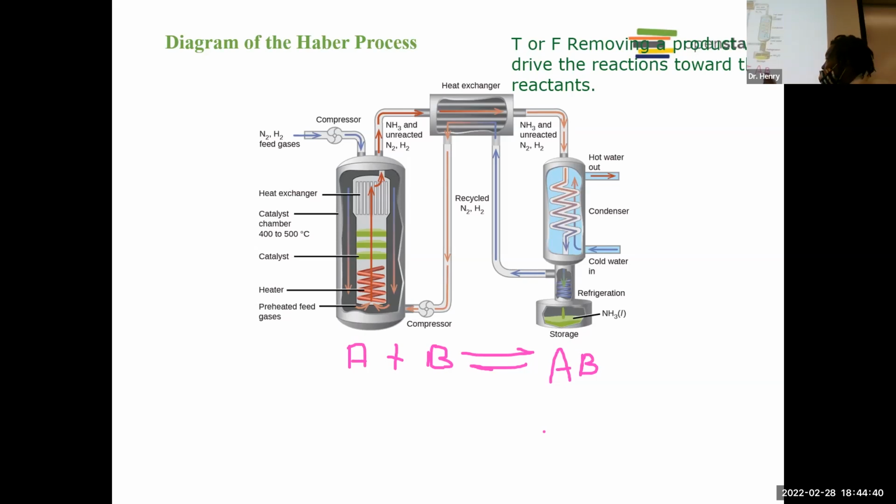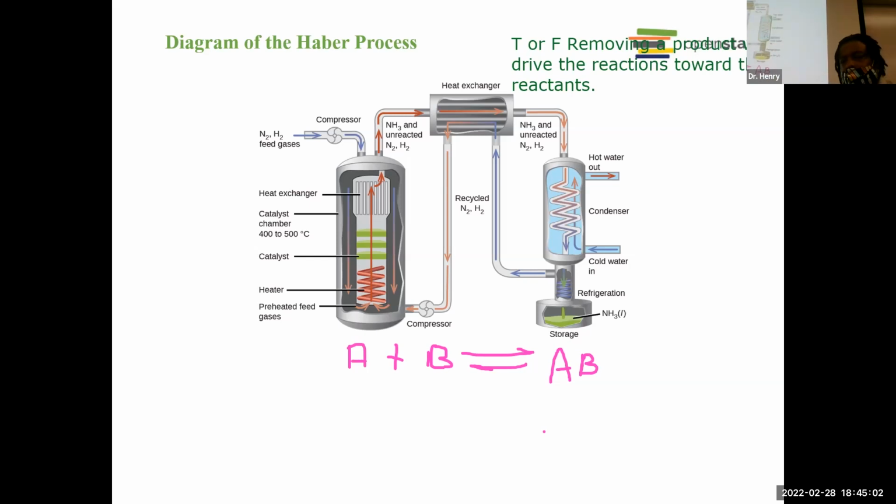Yes, if I add more of it, it's going to drive it that way. If you remove it, it's going to drive it this way, because you're going to make more product. Remember, once it gets to equilibrium, it's stabilized, right? At that point, it's just going to keep that same ratio.